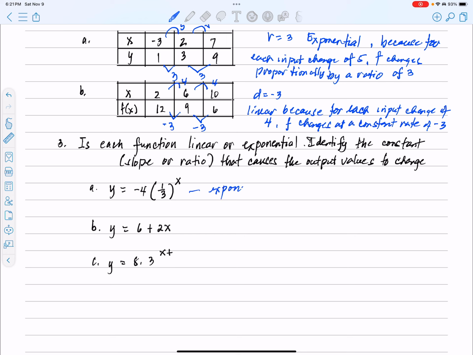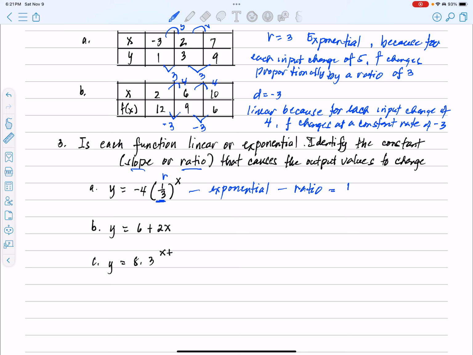It's very clear, no doubt. So where can you find, because it's slope or ratio, so when it's exponential, you have a ratio. All right. So where can we find the ratio? Right here. This is the ratio. So the ratio is 1/3.